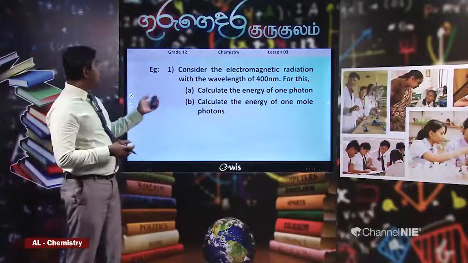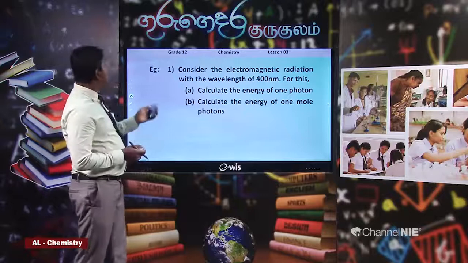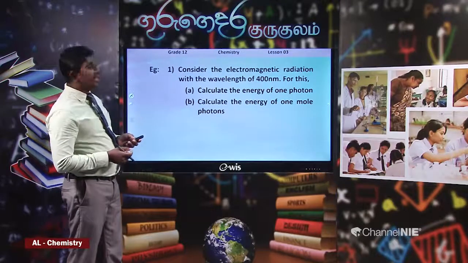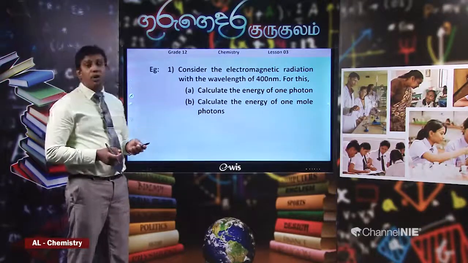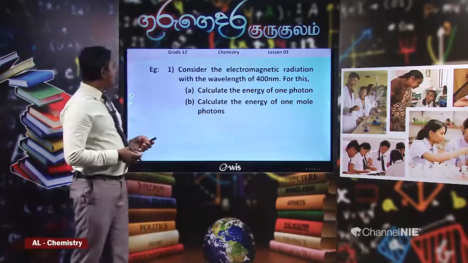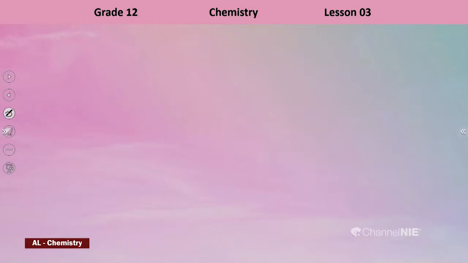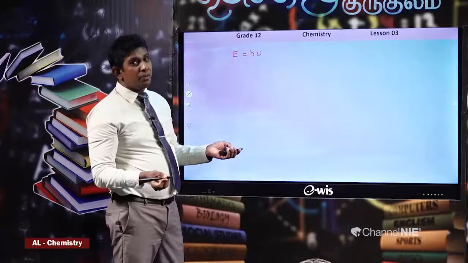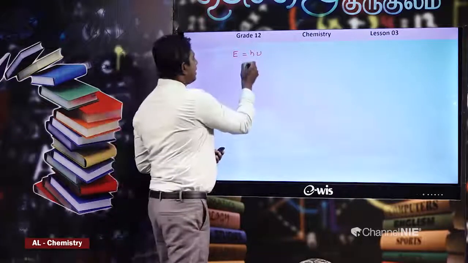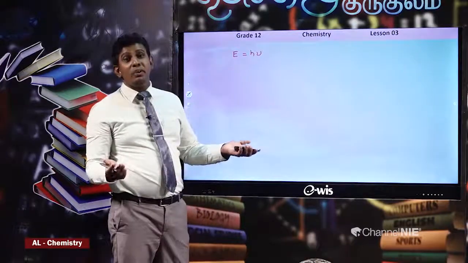Here is an example question: consider electromagnetic radiation with a wavelength of 400 nanometers. It asks to calculate the energy of one photon. Students, we could easily do that using the equation E equals h nu. But here they have not given you nu, the frequency. What they have given you is just lambda, the wavelength.